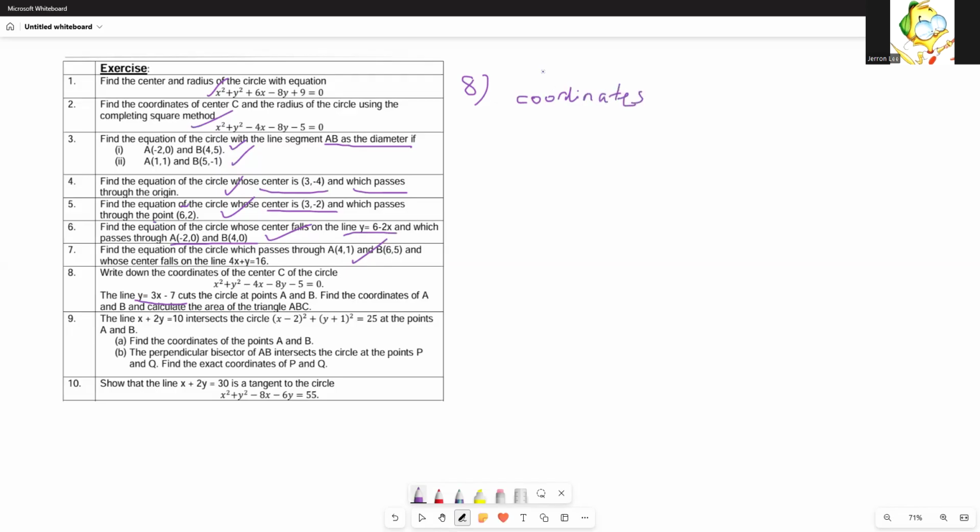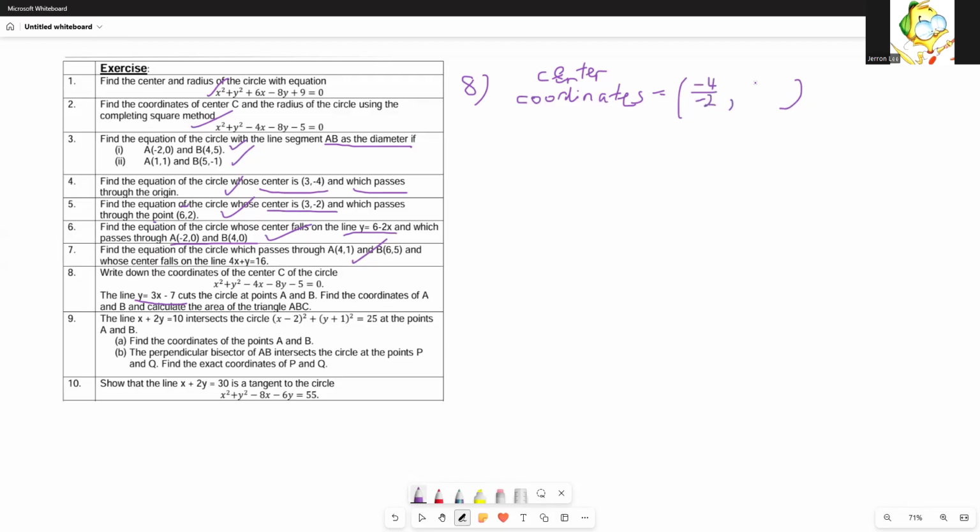Let me just write it nicely. Sorry about that, I'm using the mouse to write. Check this out. For that, we have to divide by 2. The coefficient of x is -4, so -4 over -2, and comma.